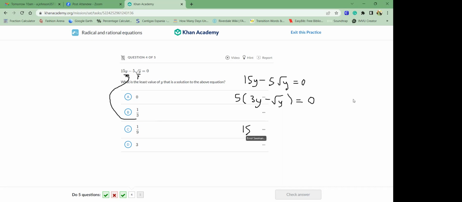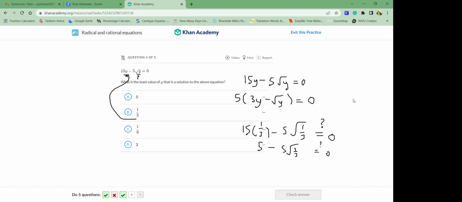Is 15 times 1/3 minus 5 times root of 1/3, is that 0? That's 5 minus 5 root 1/3, is that 0? No.